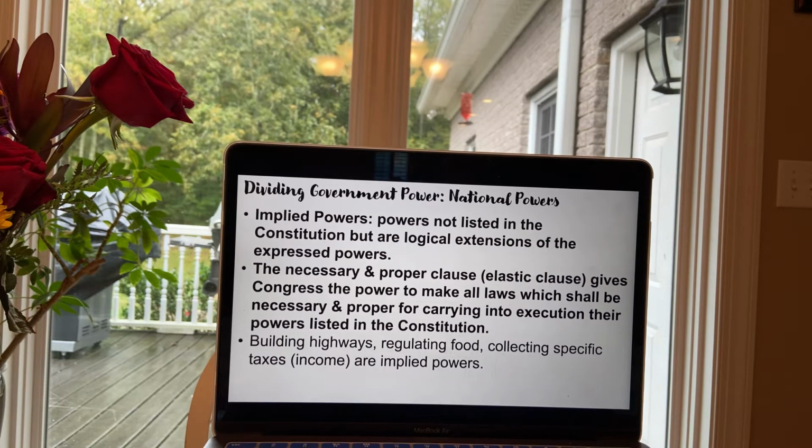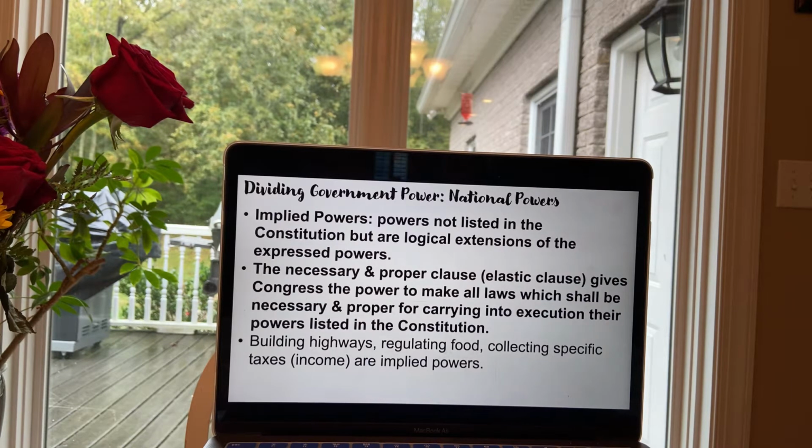Next, you have implied powers. These are powers that are not listed in the Constitution, but are logical extensions of the expressed powers. The necessary and proper clause, we sometimes call that the elastic clause, gives Congress the power to make all laws which shall be necessary and proper for carrying into execution the powers that they have listed in the Constitution.